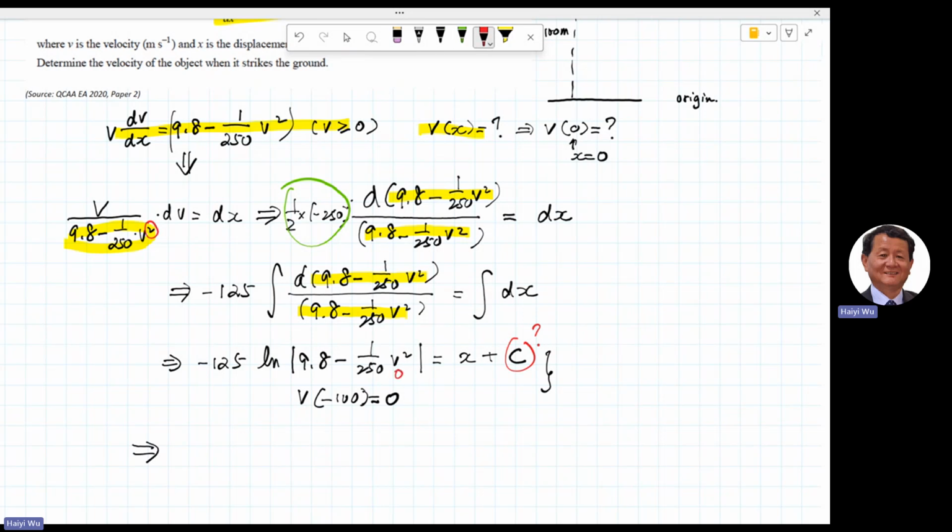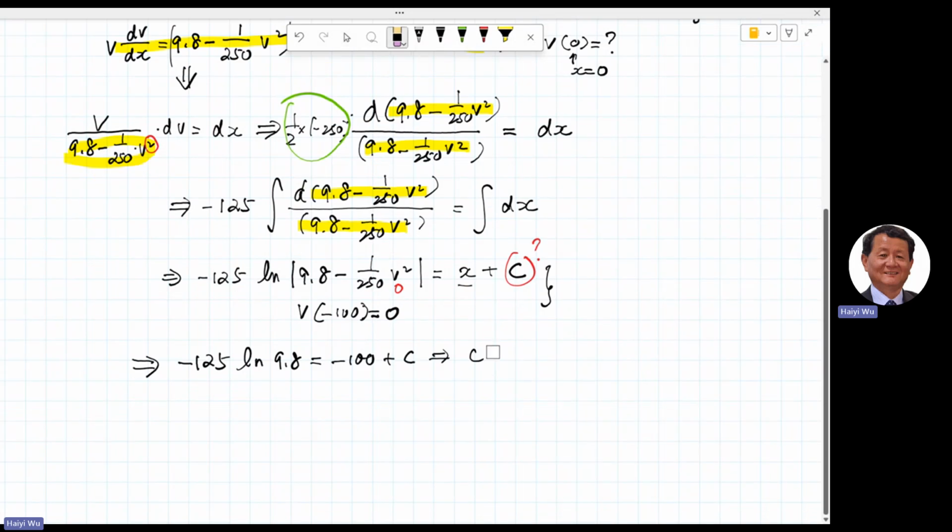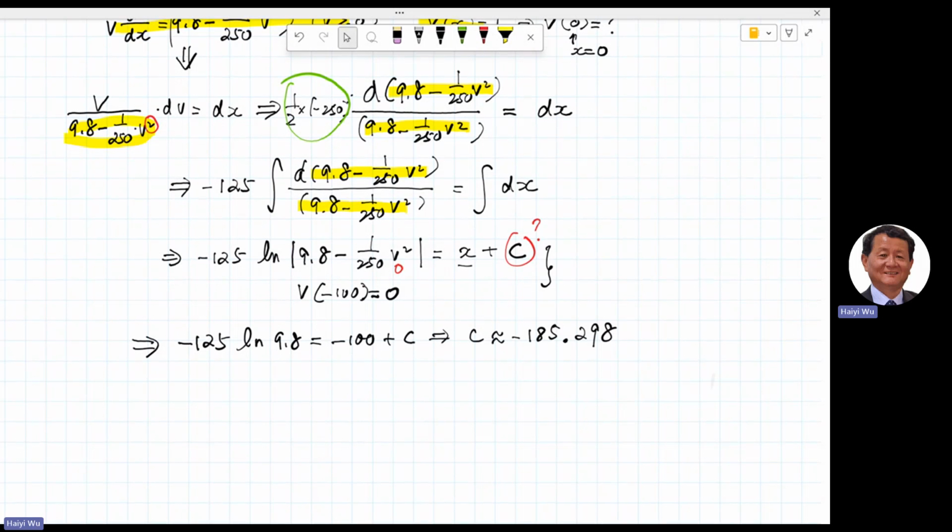Therefore the left-hand side becomes negative 125 log 9.8, equal to negative 100 plus c, since x is negative 100. Now we can find c using the graphics calculator, approximately equal to negative 185.9298.